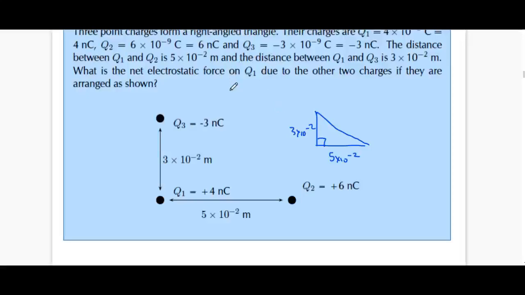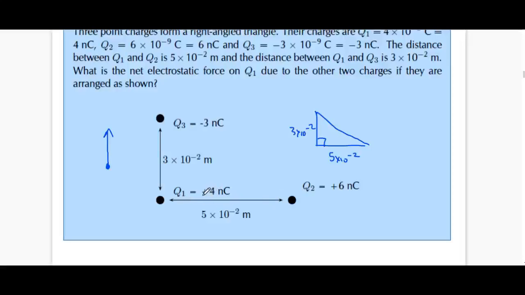Now if you check here, this is the scenario. If this is Q1, Q3 is negative and Q1 is positive, so there's attraction between them. Q1 is being attracted towards Q3, upward. But what about the force on the horizontal plane?